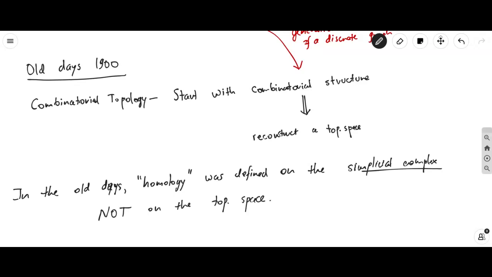So this is the old approach to homology. Before you create a topological space, you begin with a combinatorial structure called a simplicial complex. And then homology is defined on that simplicial complex.